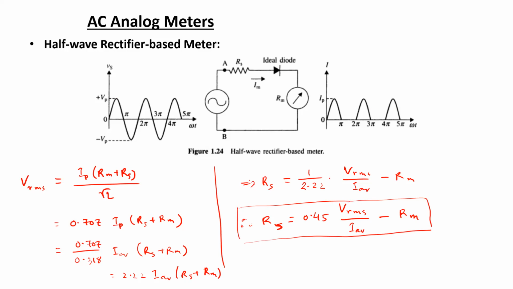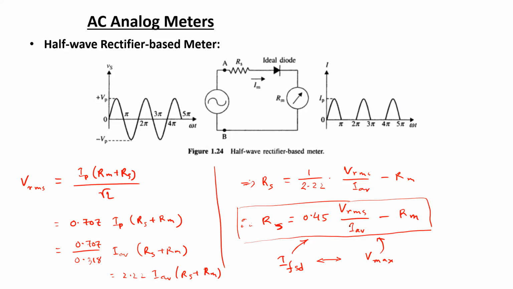For instance, let's say the full-scale deflection current that the PMMC can handle is represented by IFSD, and the maximum range of the input voltage that we want to determine is, let's say, Vmax. So we can put these values of the full scale deflection current that can be handled by PMMC into this equation, and also the maximum range of input voltage that we want to measure.